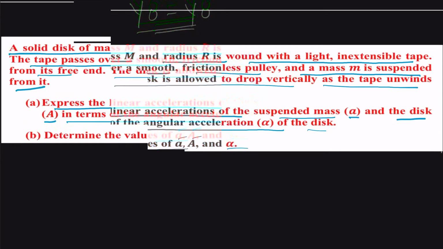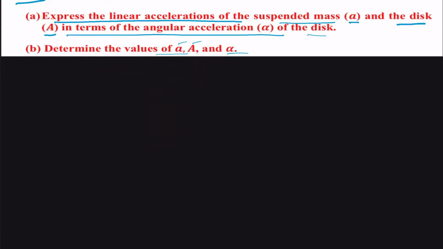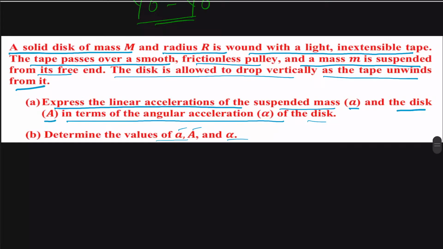First of all, let me draw the basic diagram. So we have a fixed pulley, and over this fixed pulley we have a tape that passes through it, not wound on it, something like this.